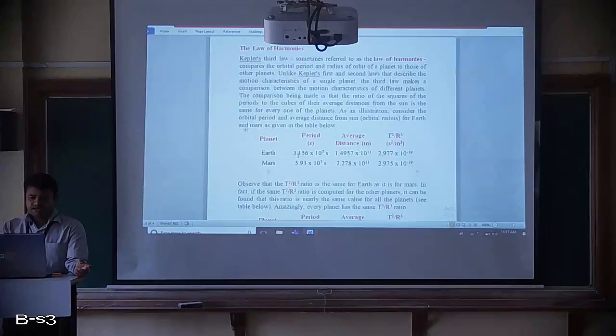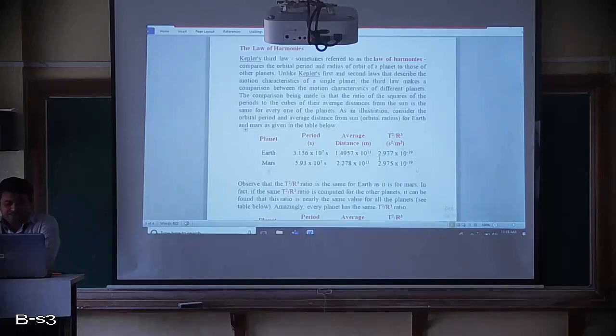That is, 3.156 times 10 to the power of 7, whole squared, divided by 1.4957 times 10 to the power of 11, cubed, equals 2.977 times 10 to the power of minus 19. So now we can see these numbers here. For Earth this is 2.977 times 10 to the power of minus 19, and for Mars also 2.975 times 10 to the power of minus 19, almost the same.